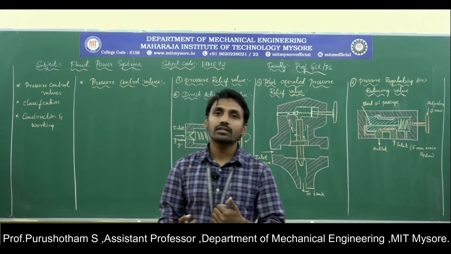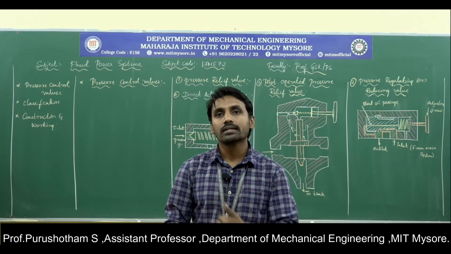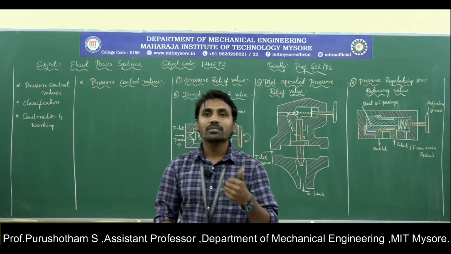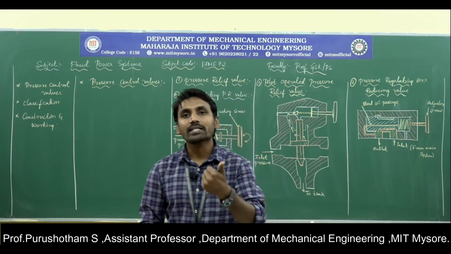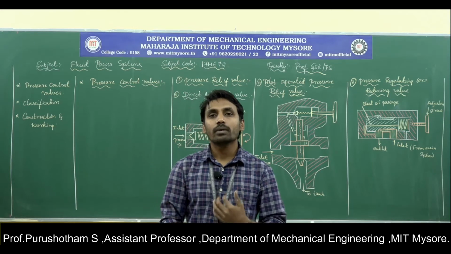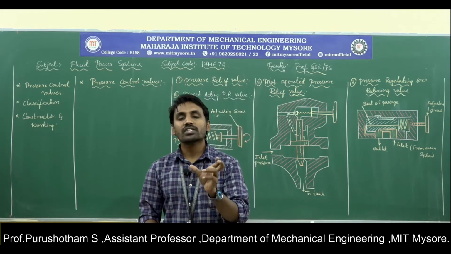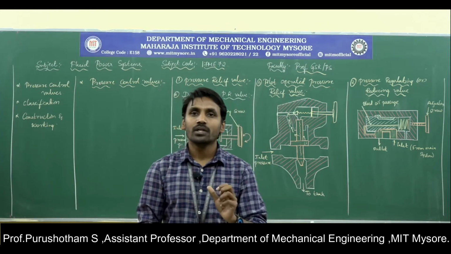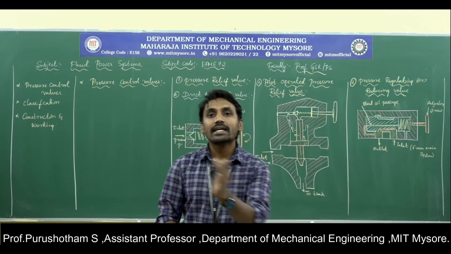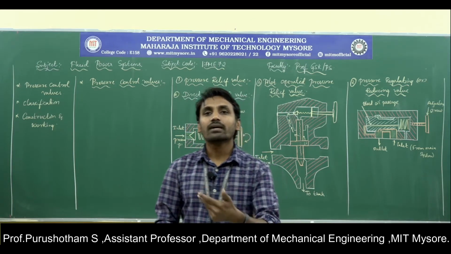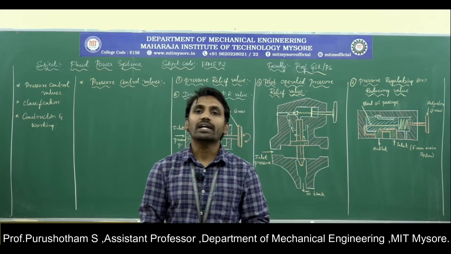The main functions of pressure control valves are, first, limiting the maximum system pressure as a safety measure. For example, if the maximum operating system pressure is 20 psi and it exceeds that value, it will cause damage to the components in the hydraulic system.